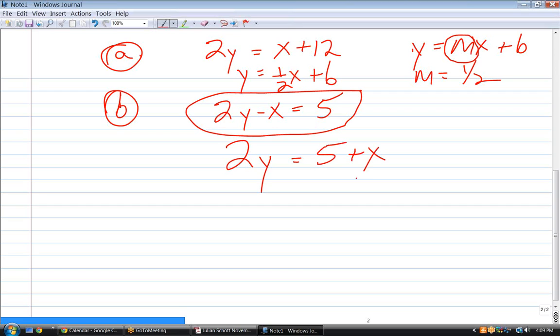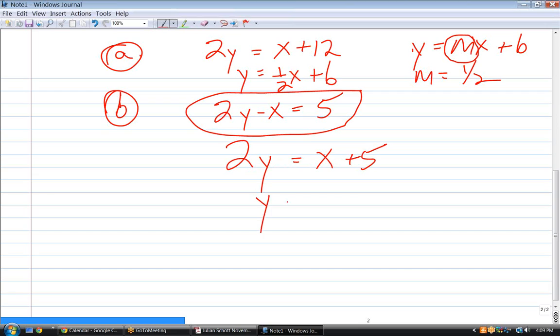5 plus x. Okay. And then I can write that as x plus 5. It's no different. Let's do that because that's closer to this format. I'm not quite there yet though. What's the last step in order to get this in y equals mx plus b format? Divide by 2.